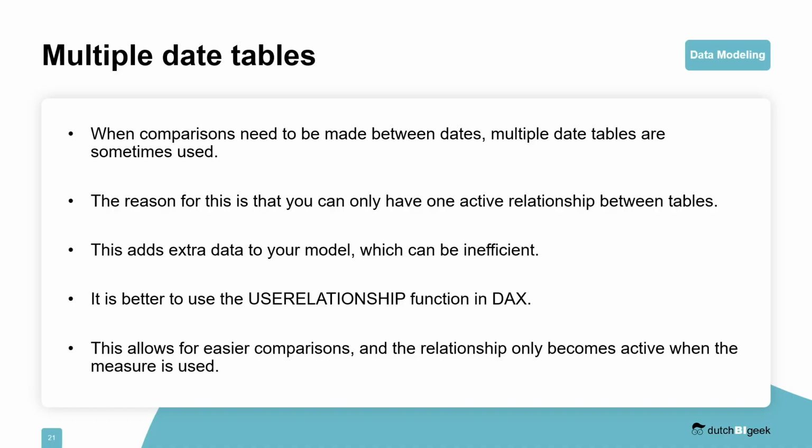How can we make the relationship active if we want to compare dates with each other? We can use a DAX function, and that's named USERELATIONSHIP. So if we create a measure which needs the inactive relationship, you can make the relationship active with USERELATIONSHIP.